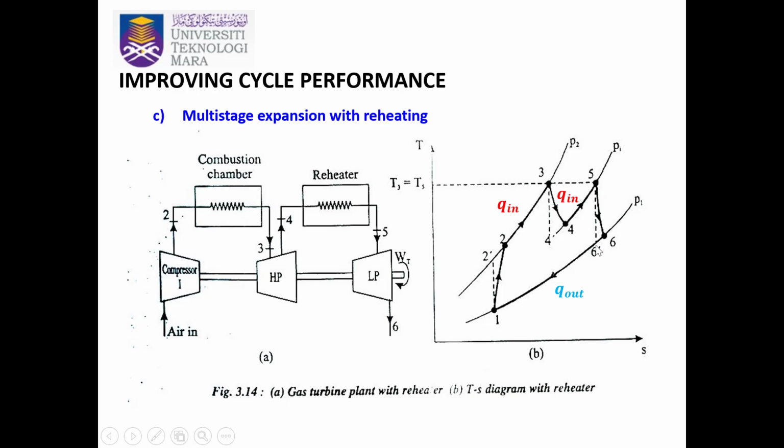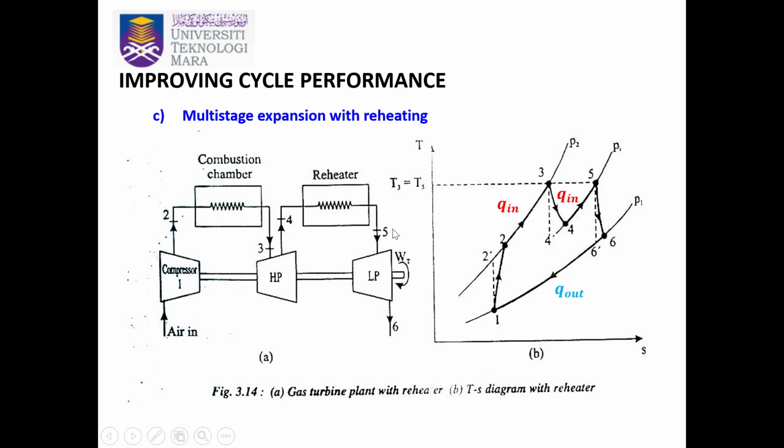The actual is different from the theoretical, and then we repeat the cycle at point 1. In this cycle we have two processes where we add heat: process 2 prime to 3 and process 4 to 5. So we have two Q in, and one Q out at 6 prime to 1.